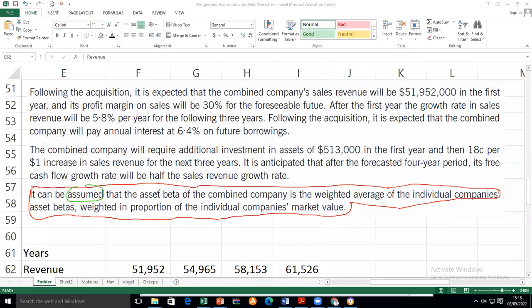But the asset beta, asset. Please take note of the type of a beta we are talking about. We are talking about an asset beta here. Can somebody remind us, what does the expression asset beta mean? What type of a beta is an asset beta?